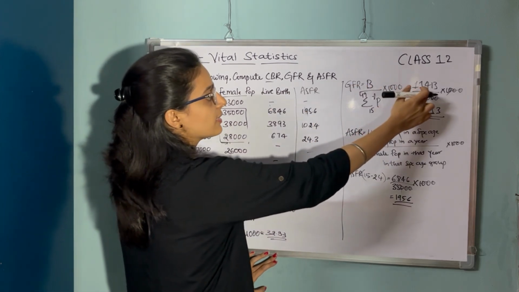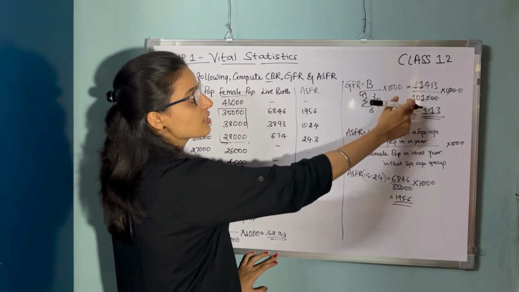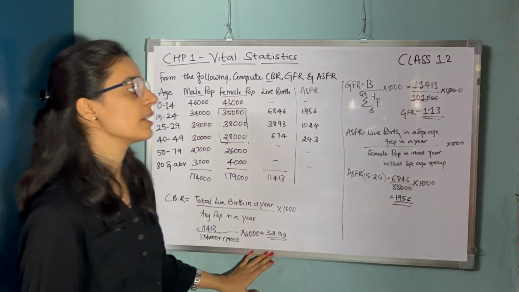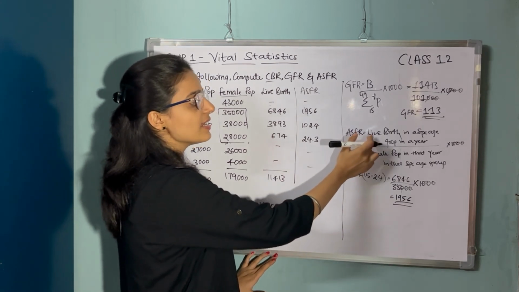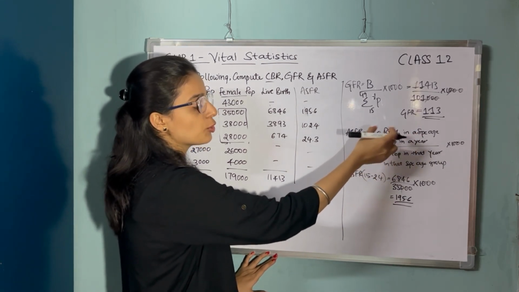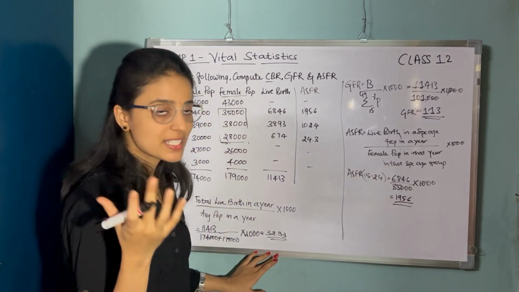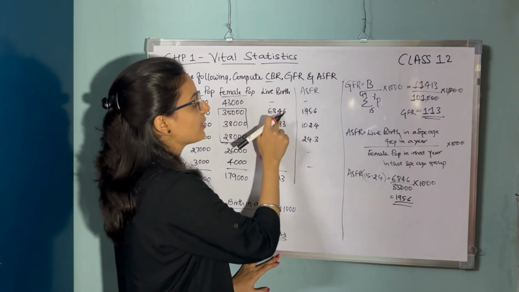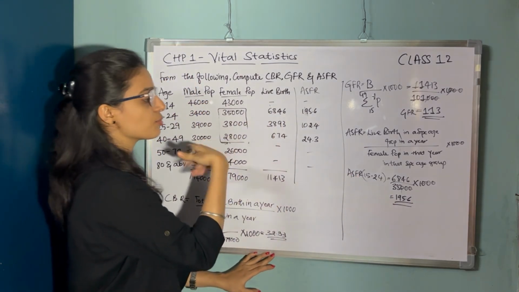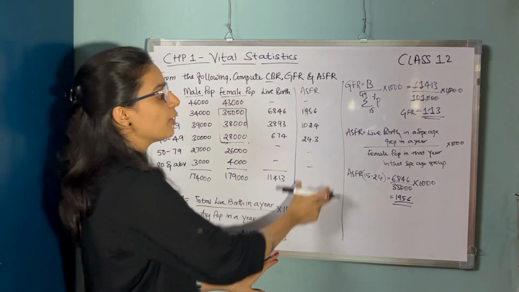So live birth 11,413 by female population of childbearing age 1,01,000 into 1,000. ASFR is live birth in a specific age group in a year divided by the total female population in that specific age group only. So for 15 to 24, it is 6846 divided by 35,000 into 1,000, which was 195.6. Similarly, we calculated all the ASFRs.